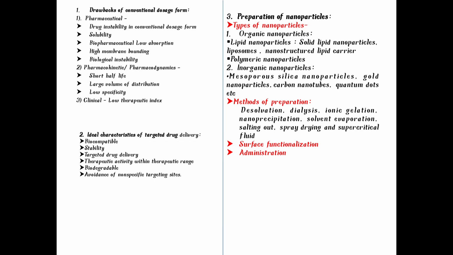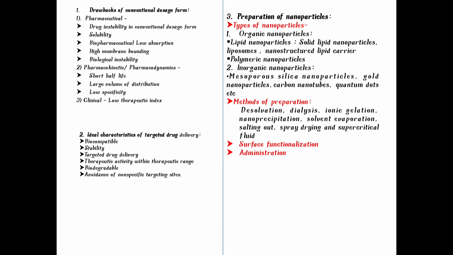Conventional dosage forms have lots of drawbacks. From the pharmaceutical aspect, they are unstable. Then there are solubility issues, because some drugs are highly lipophilic in nature and less soluble in aqueous solvent, so that is one problem. Second, low absorption, high membrane binding, and biological instability.